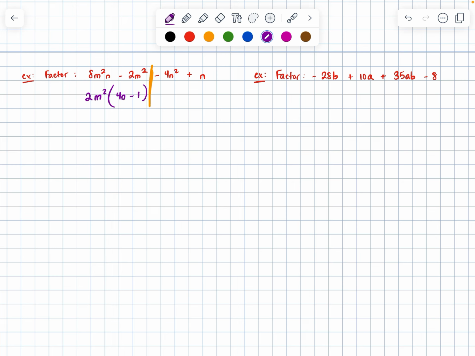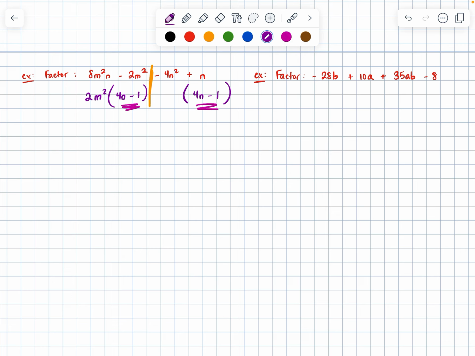Now, the thing about factoring by grouping is that if it works, this 4n minus 1 needs to show up in the second group as well. So, thinking strategically, I'm going to preemptively put that 4n minus 1 here as well, right? It needs to be there in order for me to factor by grouping.